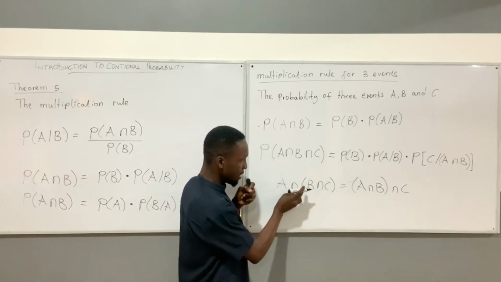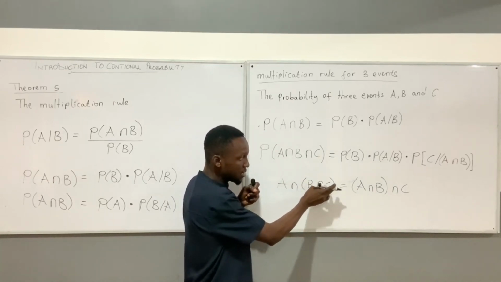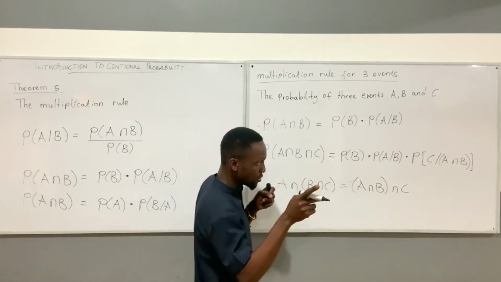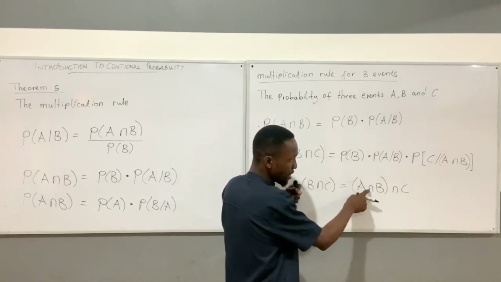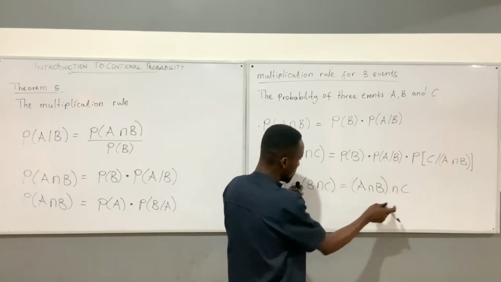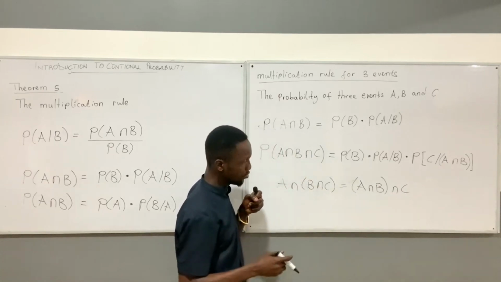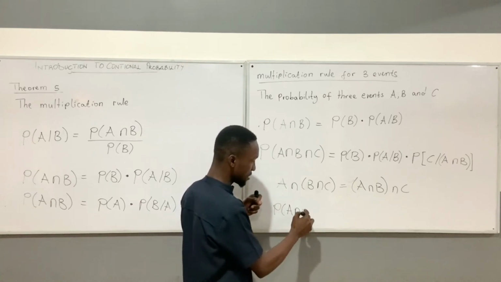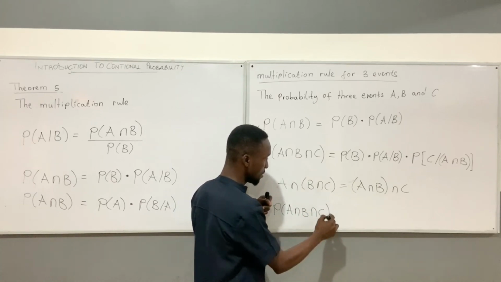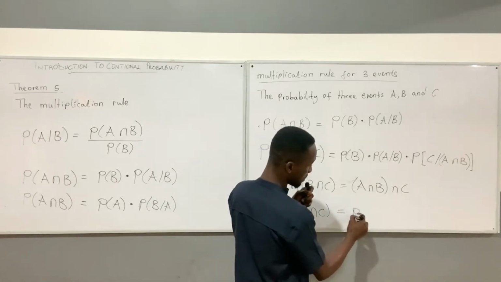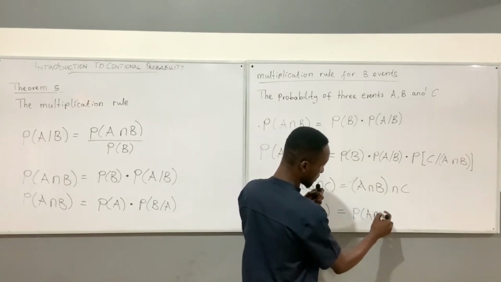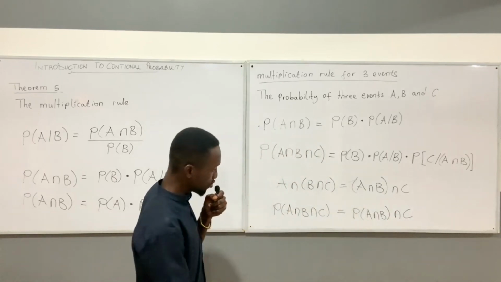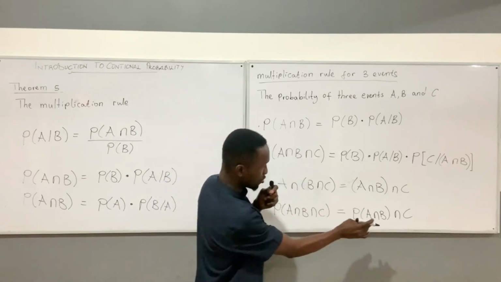So when I take A intersection, the intersection of B and C occurring at the same time or occurring together, it should give me the same result as when I take the intersection of A and B, their intersection with C. Do you understand? So therefore, the probability of A intersection B intersection C should be equal to the probability of A intersection B intersection C. Do you understand? So when I take the probability of this, it should give me this result.